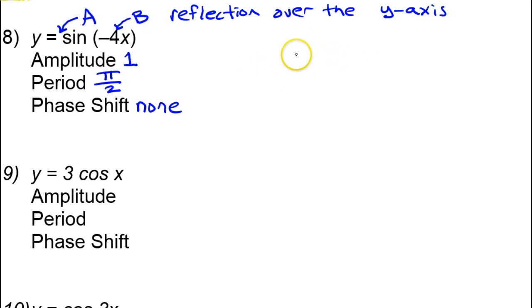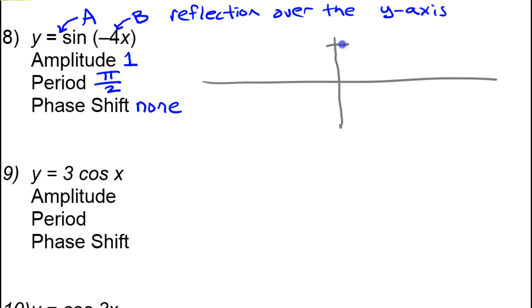All right, now normally I put the y-axis over here and I put the entire graph on this side. This time I'm going to put this line more in the middle to leave room for a reflection over this y-axis. Interesting. So the amplitude is 1, so that means it will go up to 1 and down to -1. The period is pi over 2. So over here I'm going to go ahead and put pi over 2.